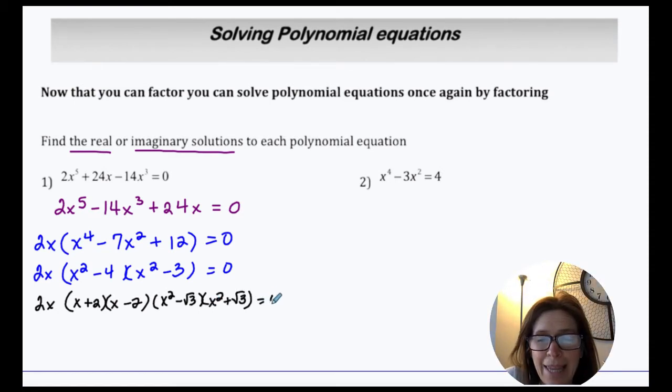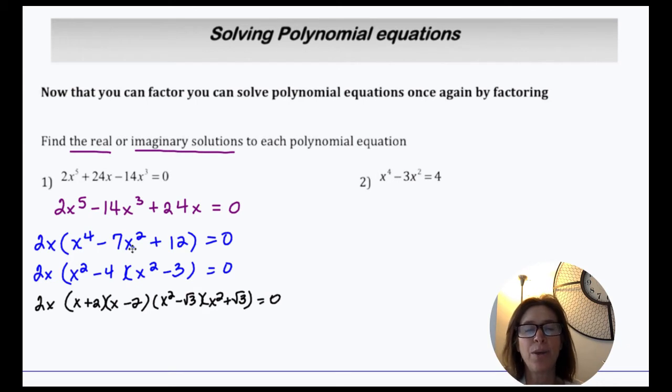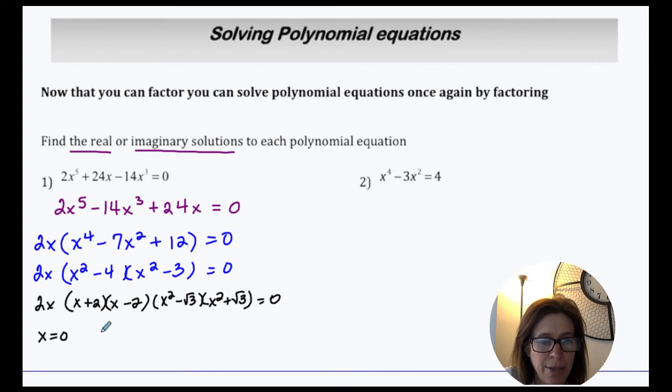But we don't normally think about that. We only typically think of difference of squares when the number is a perfect square. But remember, root 3 times root 3 will give me 3, so it works with non-perfect squares as well. All right, so if I set each factor equal to 0, I'm going to get x equals 0, x equals negative 2, x equals 2, x equals root 3, and x equals negative root 3.